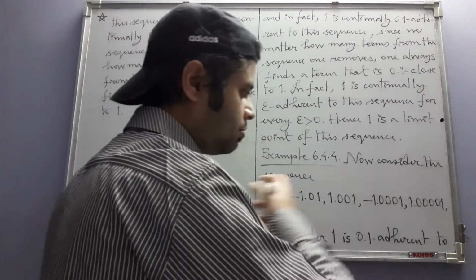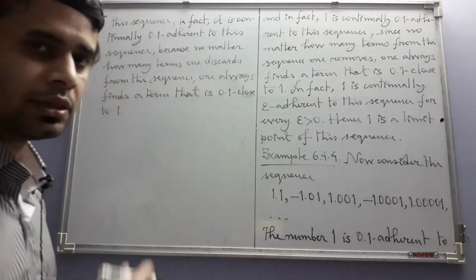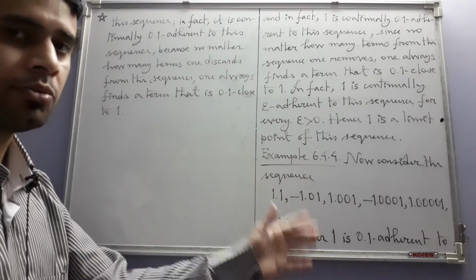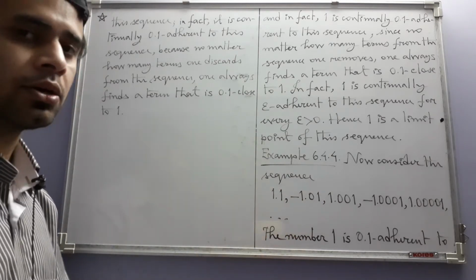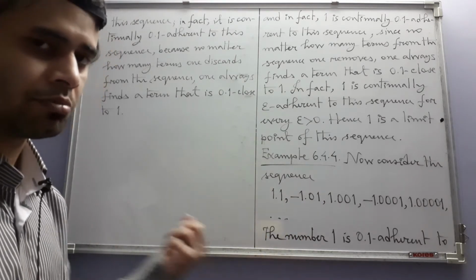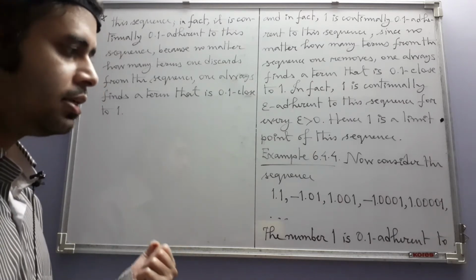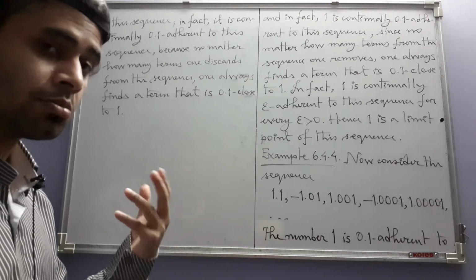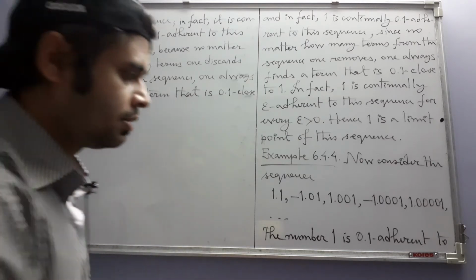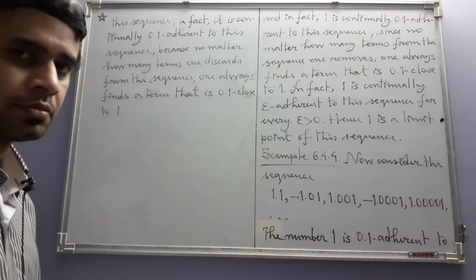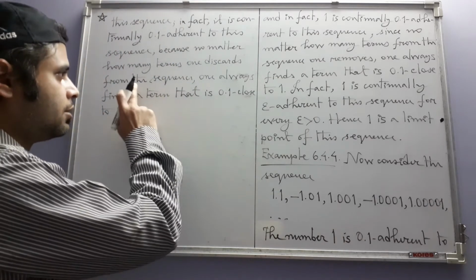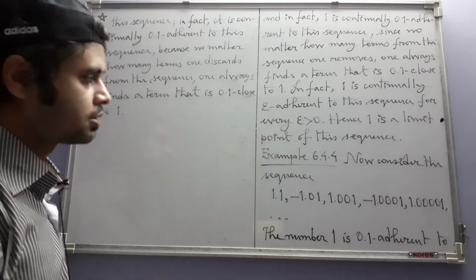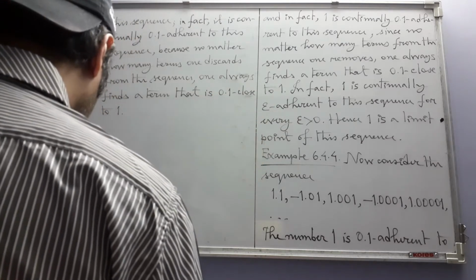So if you remove finitely many terms from this original sequence, no matter how many, that can be a million, a billion, a trillion terms, you are creating much smaller differences than 0.1. So naturally one will be continually 0.1 adherent to the sequence. That's what we have written.